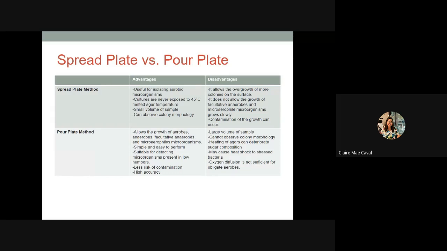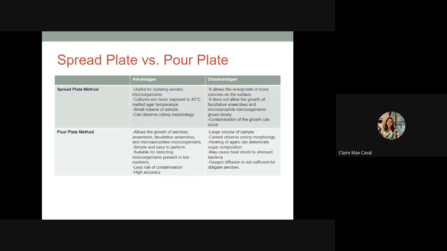The spread plate method is useful for isolating aerobic microorganisms because it is exposed to the environment. So, there will be enough oxygen that will be acquired by the microorganisms.